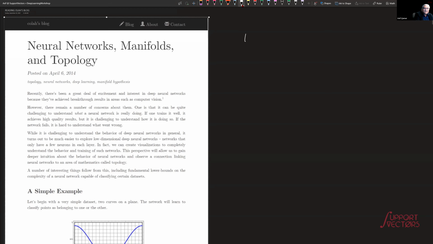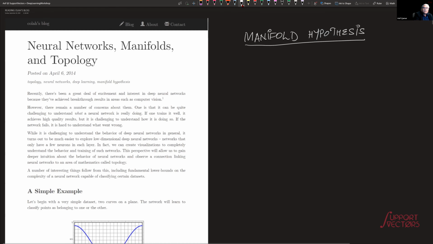All of machine learning is predicated on a hypothesis. It is called the manifold hypothesis. If this hypothesis is not true, machine learning would essentially not be possible. So what is this hypothesis? We are going to understand it in a little bit.